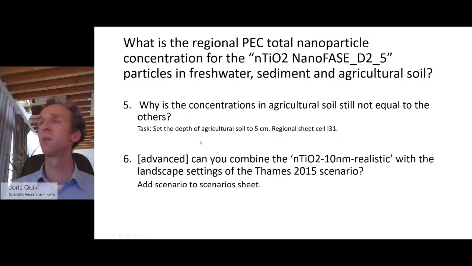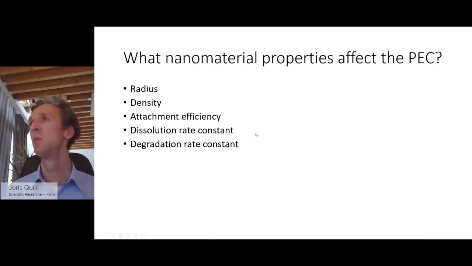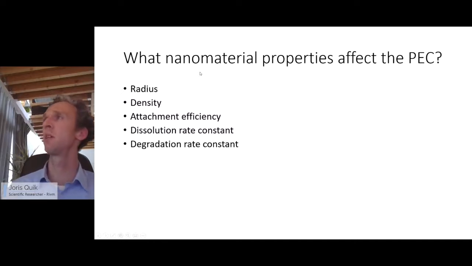So this is a brief highlight of a part that actually doesn't have that much to do with the nanomaterial aspect of it yet. But when you look at the nanomaterial properties that affect predicted environmental concentration, these are really the radius, the density, the attachment efficiency, the dissolution rate, and the degradation rate constant.